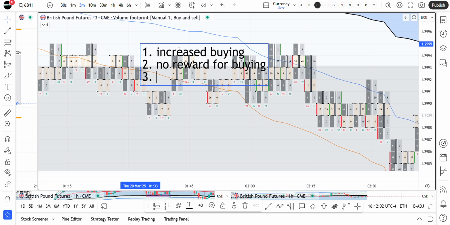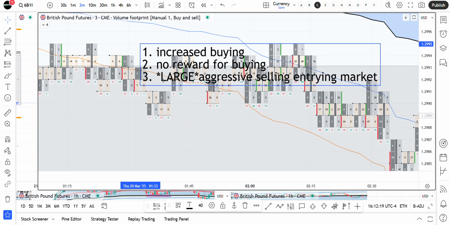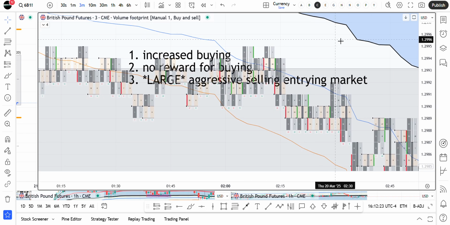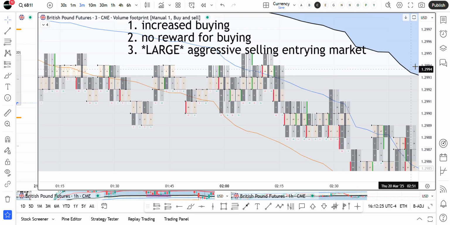And then three is aggressive selling. Or let's change it, it's very important: large aggressive selling. That is important. Large aggressive selling entering the market. So this is what we're looking out for now.